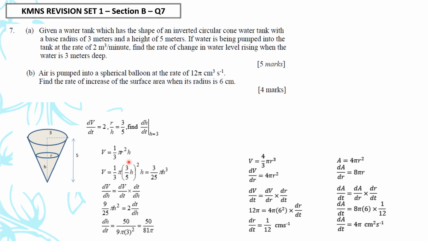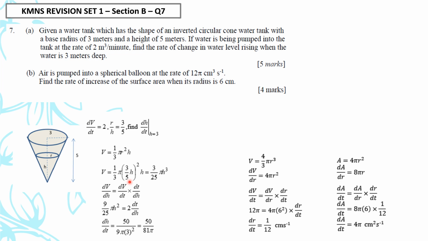So we have to find the connection or the relation between R and H. Here we can use the ratio theory. So if R ratio with H is similar with 3 ratio with 5, then R and H are connected with R equals 3 over 5 H.